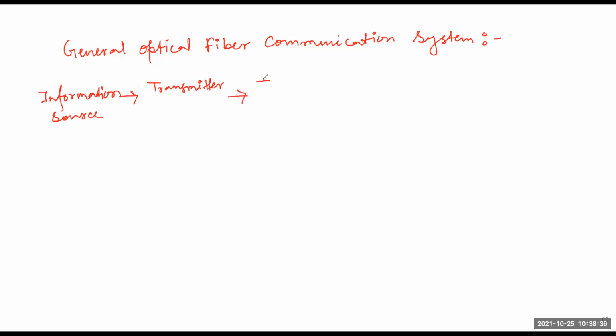Next is the transmission medium. This is the receiver, and now this is the destination. This first one is for the normal communication system.